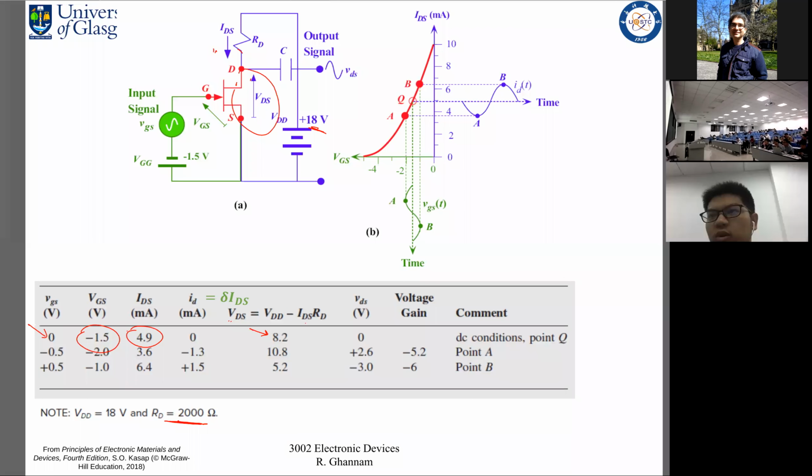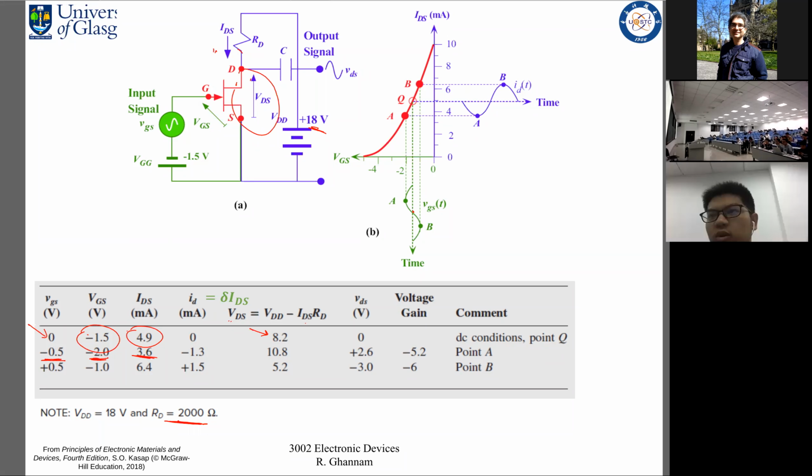So this is 8.2 volts. So far we are in this quiescent region. Now what happens when we start to have points A and B? Now when the signal VGS is minus 0.5 volts, VGS is now minus 1.5 minus 0.5, so that's minus 2 volts. What is our new IDS value?